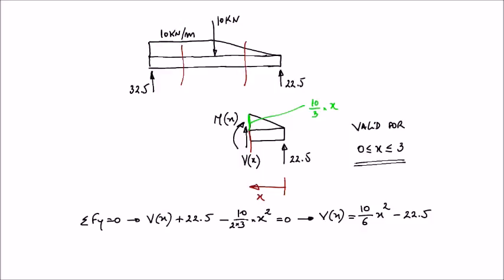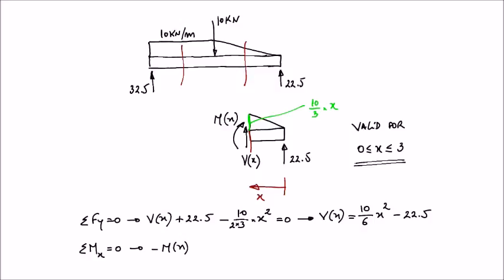Okay, we are going to do now the bending moment equation. So we are going to use the equilibrium equation for the moments. So we are going to do summation of moments about the section where we did cut the beam. So I'm going to say summation of moments about section X needs to be equal to 0. So what do we have? In the section where we did cut the beam, we have the bending moment Mx is clockwise, so minus Mx, clockwise moment, so that's why you have a minus.